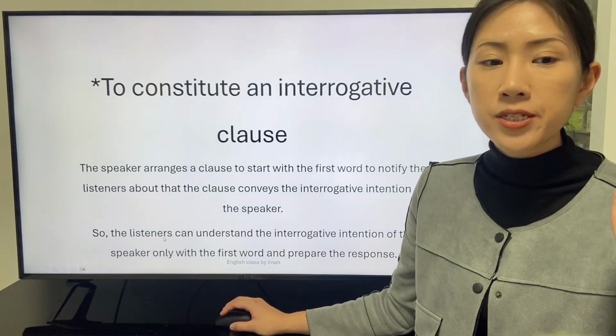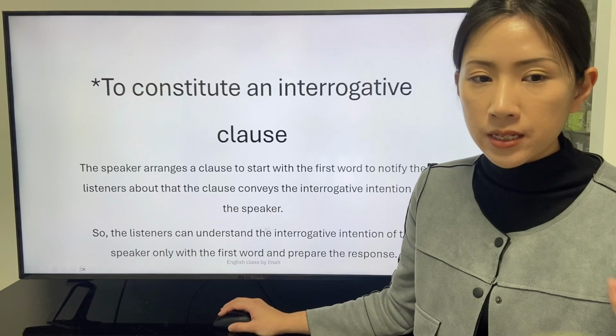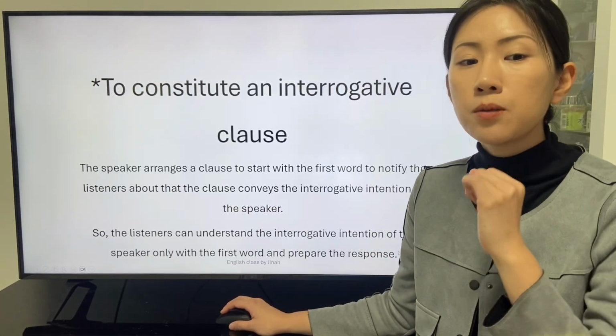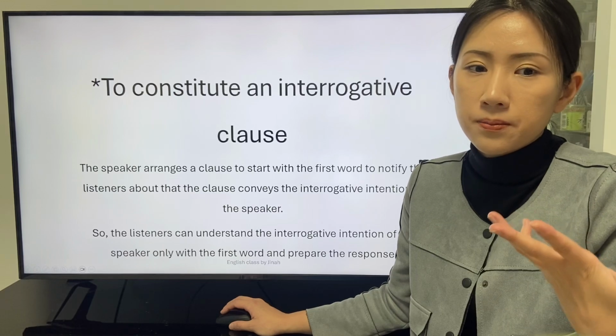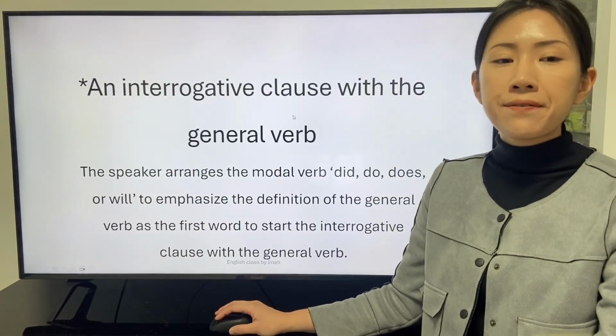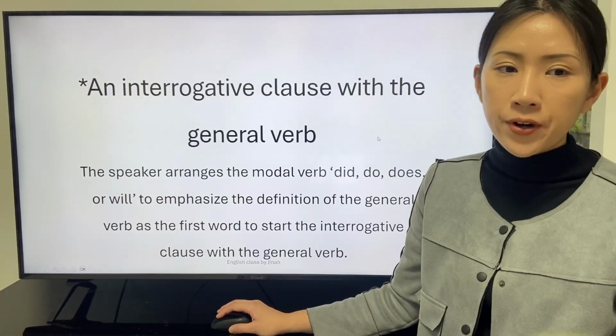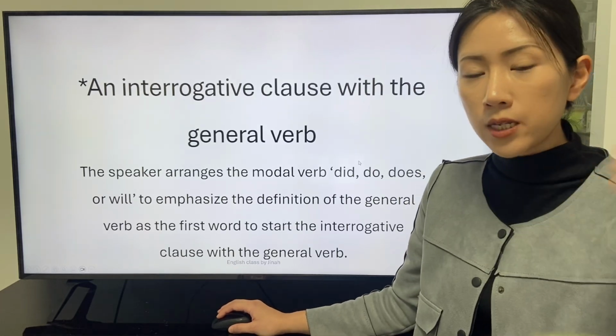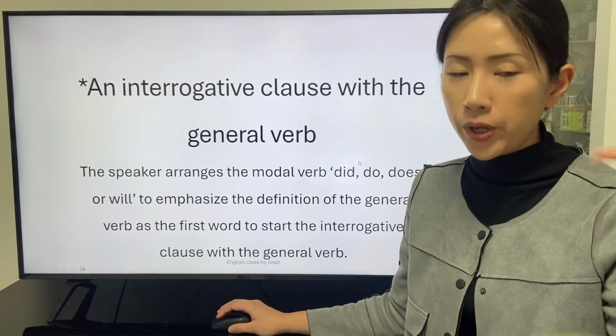So the listeners can understand the interrogative intention of the speaker only with the first word and prepare the response. An interrogative clause with the general verb is with the modal verb did, do, does, or will.